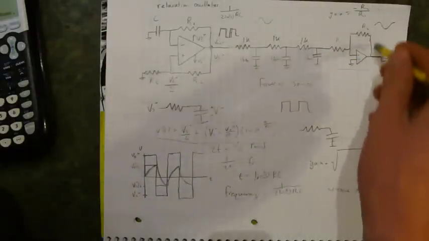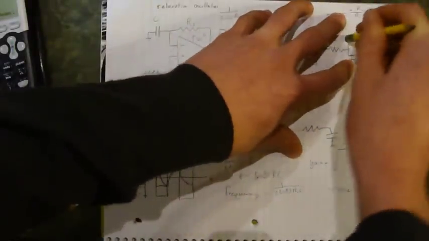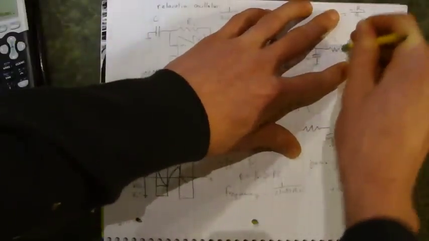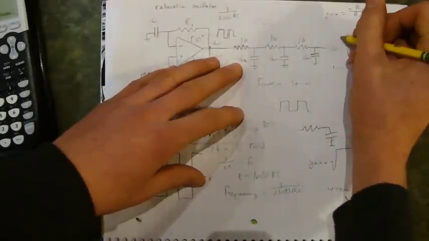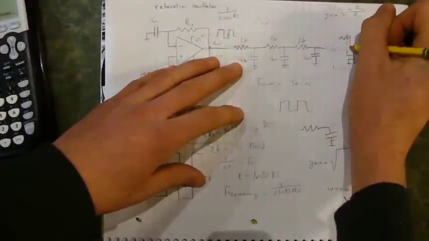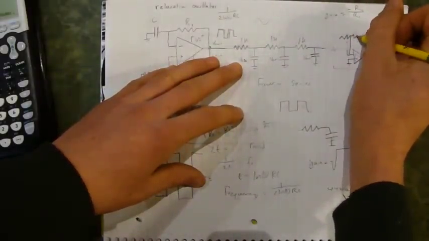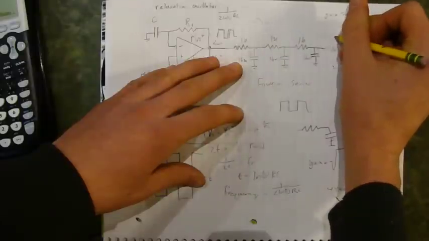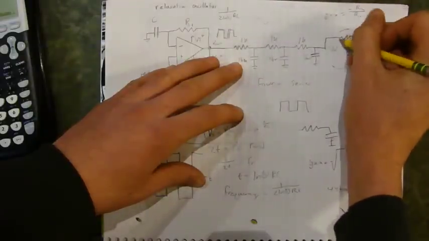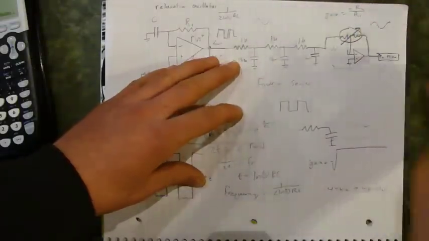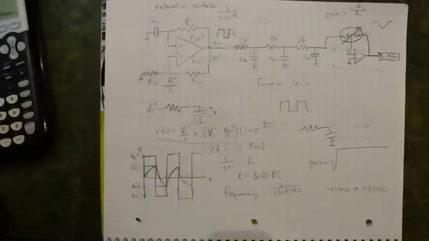And rather than using 2 resistors, it would make more sense to just use a potentiometer right there. So we have a potentiometer that will be adjusting this inverting amplifier.